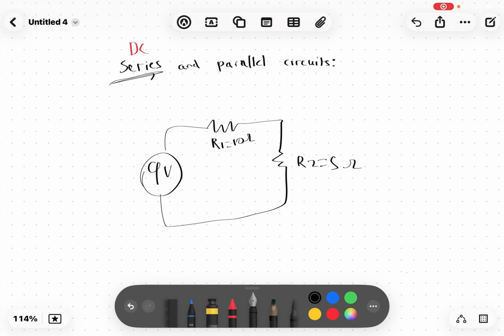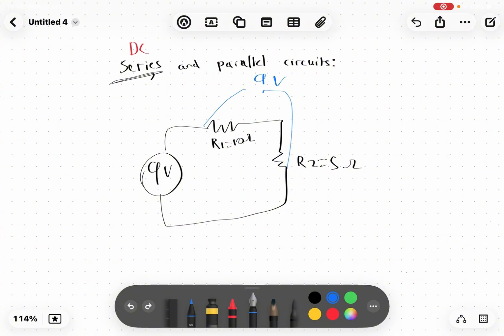So this time let's have two resistors. Let's say you measure the voltage over these two, it will be 9. However, last time the current split.